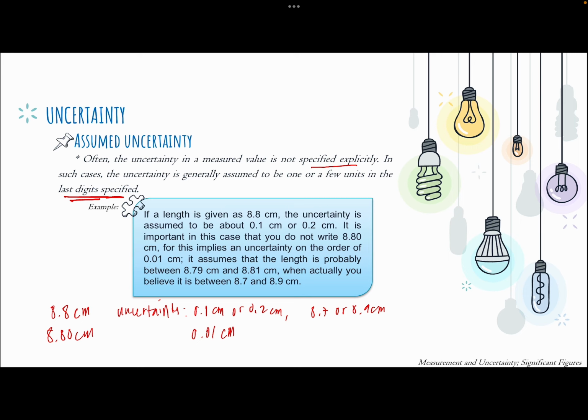Kaya kapag ganito yung pagkakasulat mo, the measurement is between 8.79 and 8.81 centimeters. So, if ang gusto mong i-imply na measurement ay between 8.7 or 8.9 centimeters, 8.8 cm yung isusulat mo, not 8.80 centimeters. Okay? So, I hope naintindihan.